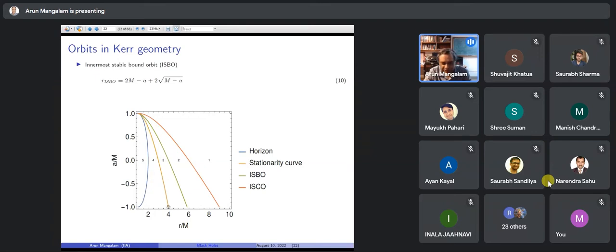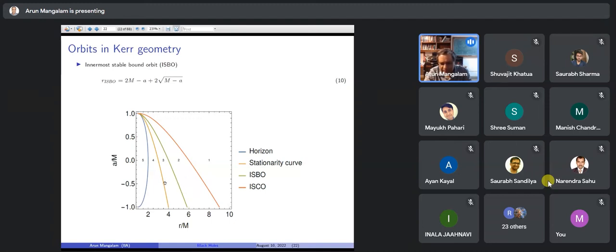So the stationary radius is a function of spin. Again, it goes from -1 to 1 spin. And so these are different curves. One is the innermost stable circular orbit, which is marked as 1. Then you have something called the innermost stable bound orbit. So it need not be circular, but it can be bound. So as long as you're not circular, you can be in the green curve.